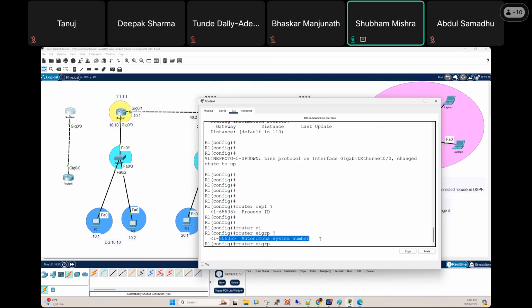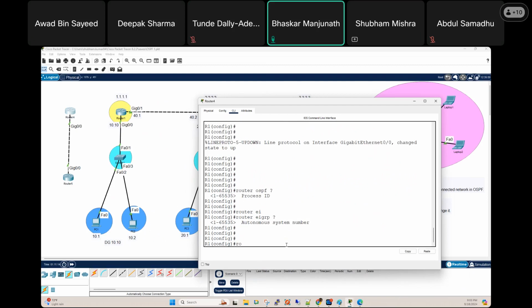What is this? Autonomous system number. So EIGRP uses the AS number, but OSPF uses process ID, not AS number. Understand? Everyone, tell me yes or no.